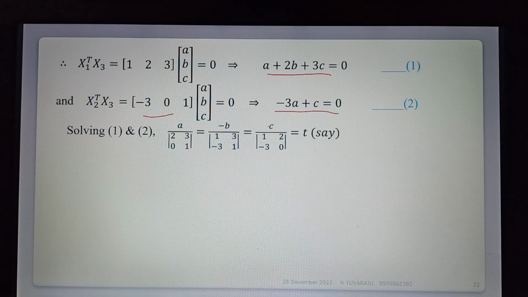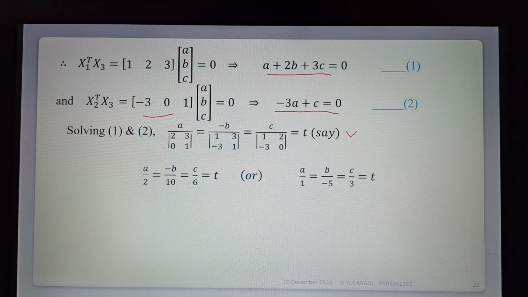For c, delete the c coefficient and choose the a and b coefficients: 1 2, minus 3 0, equal to some constant value. So that is a by 2 is equal to minus b by 10 is equal to c by 6. Dividing by 2, a by 1 is equal to b by minus 5 is equal to c by 3 is equal to t.